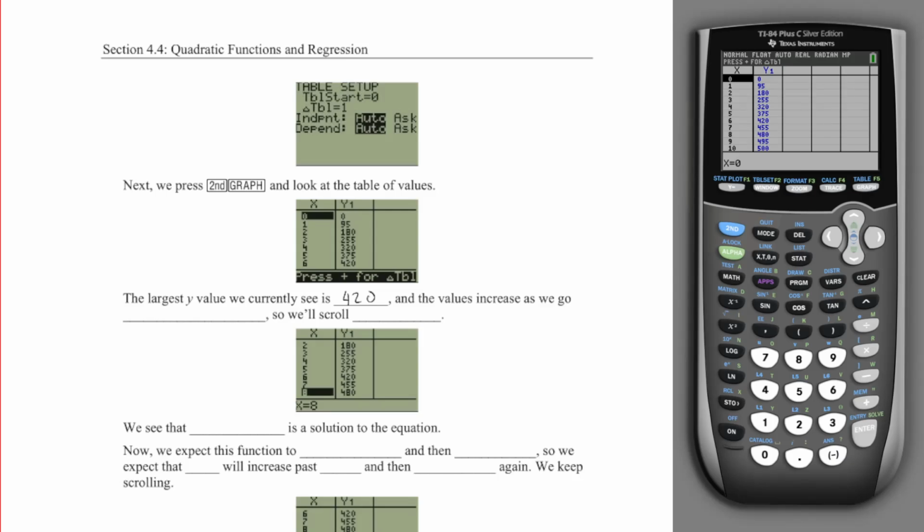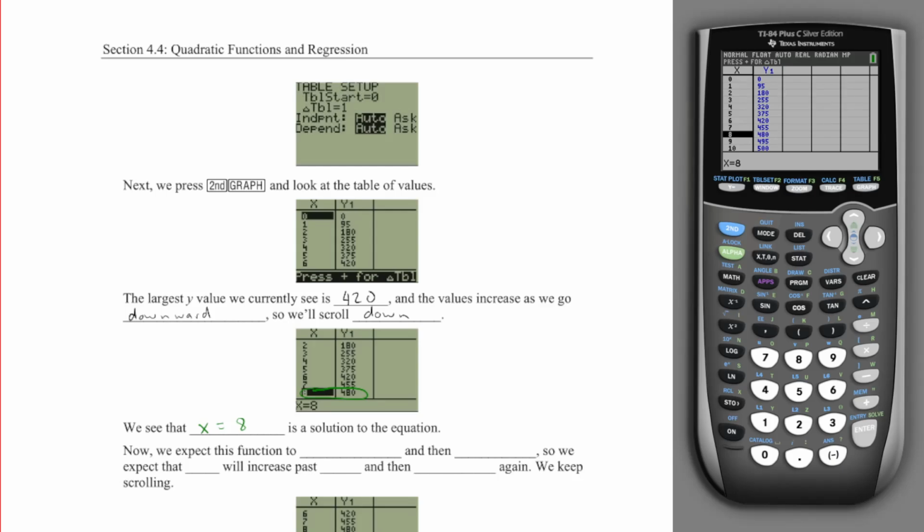And the values increase as we go downward. And so we'll scroll down. And when we scroll down on the smaller screen, or just as we look at the larger screen, we see that when x is 8, y is 480. And so x equals 8 is a solution.